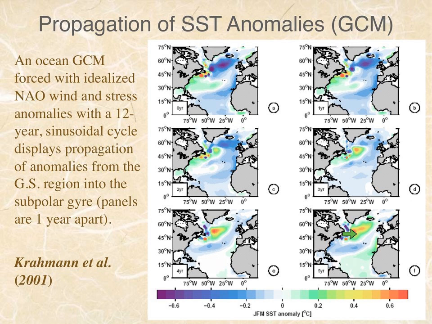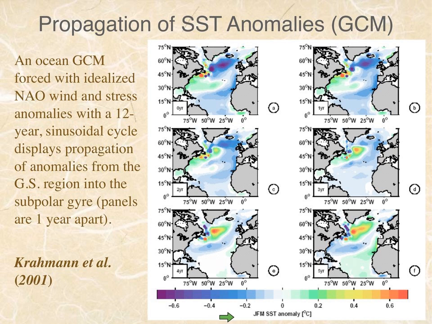I forget how many years it's shown here, but I think this is year 0 and this is year 5 or something like that. So it's a 5-year transition. So okay, so that's what the model that Krumin and Visbeck used at the time is doing, and that's what the CESM is doing.